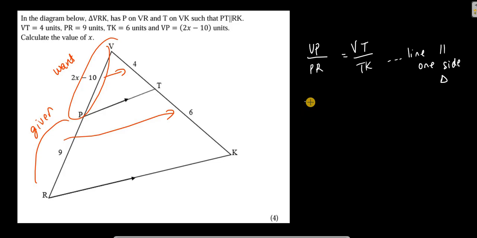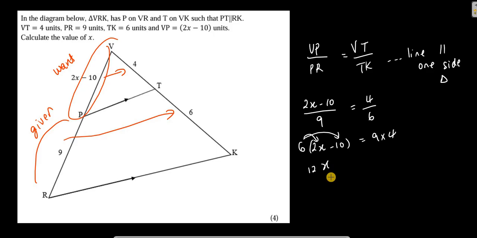Now VP is 2x minus 10, and PR is 9, VT is 4, and then we have 6. So we cross multiply: 2x minus 10 multiplied by 6, and 9 multiplied by 4. If you do a nice distribution there, you will have 12x minus 60 being equal to 36.